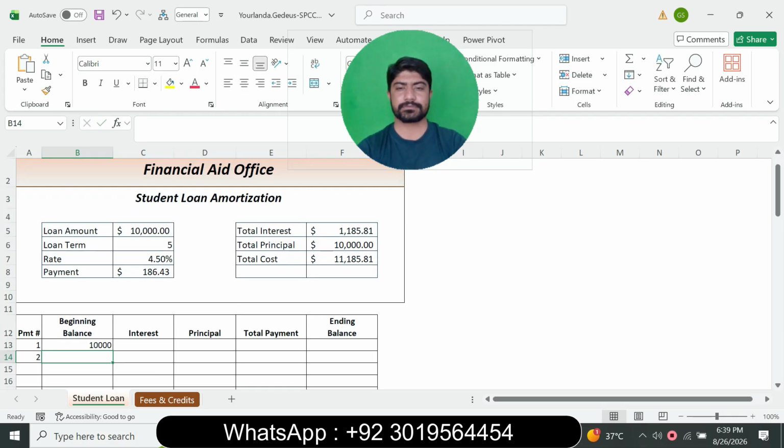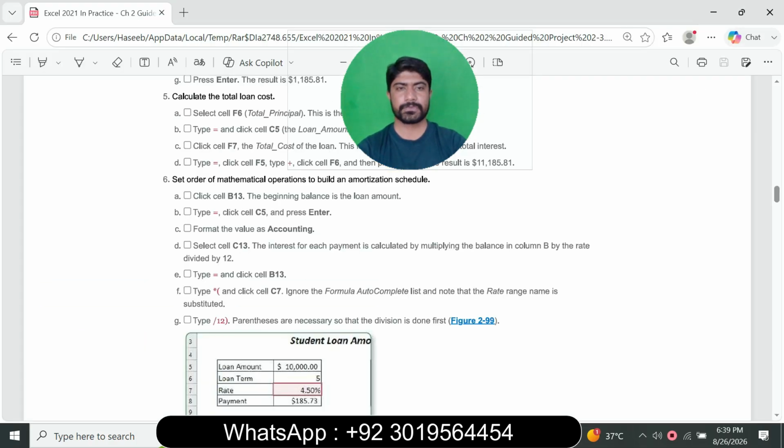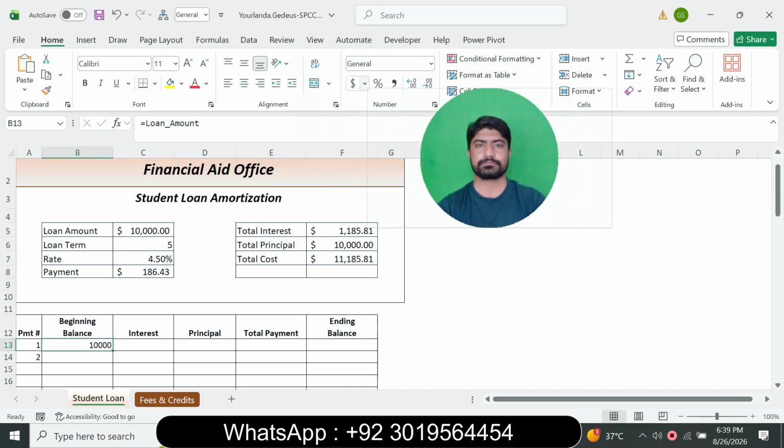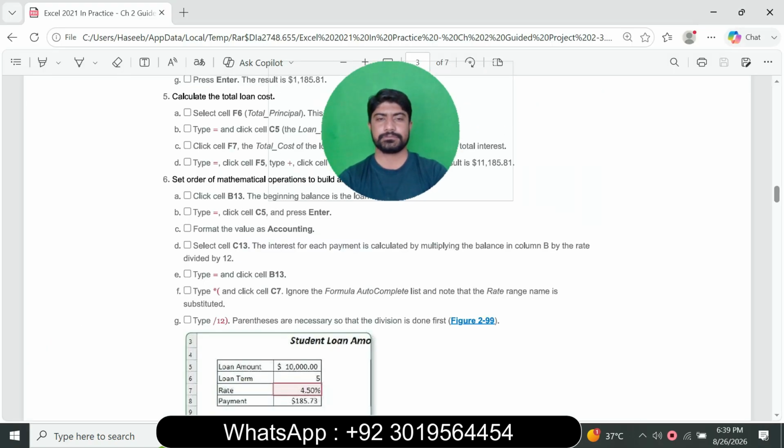Next, format the value as accounting. Apply the accounting number format and click OK.